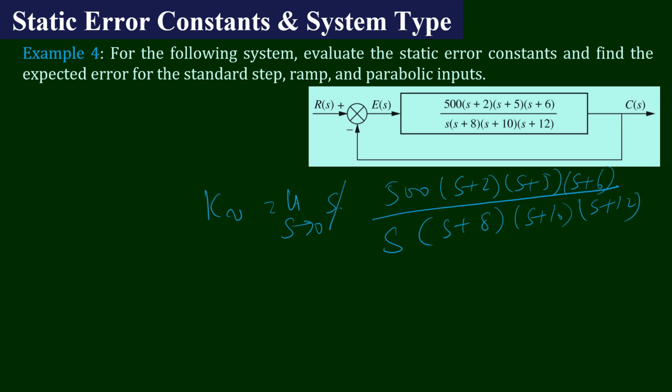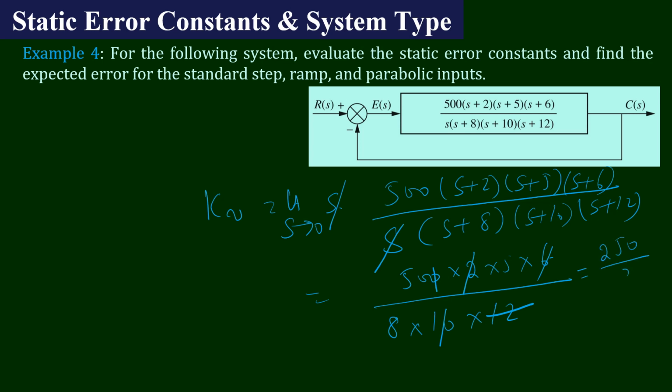Here this s will cancel with this one. If we put 0 here, here and here, we get 500 multiplied by 2 multiplied by 5 multiplied by 6, and in the denominator we get 8 multiplied by 10 multiplied by 12. So this and this cancel, this 0 we cancel with this one, and we will have 250 upon 8. This is the value of Kv.